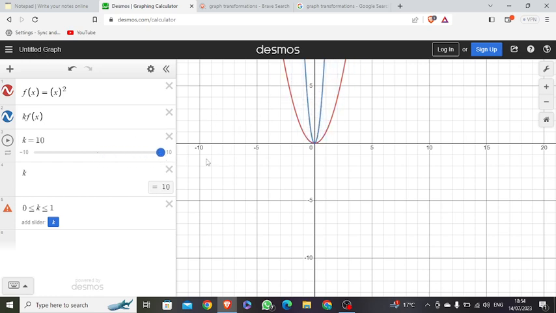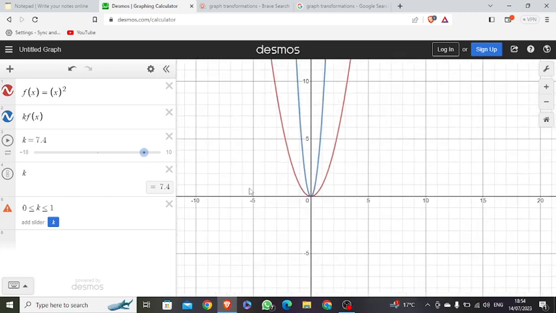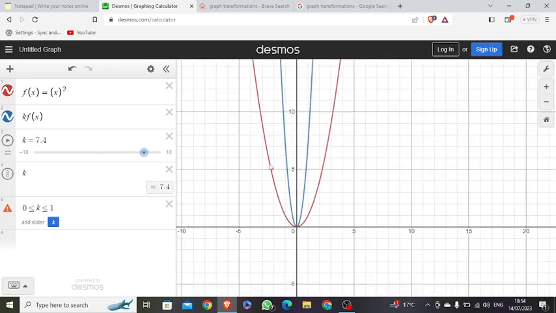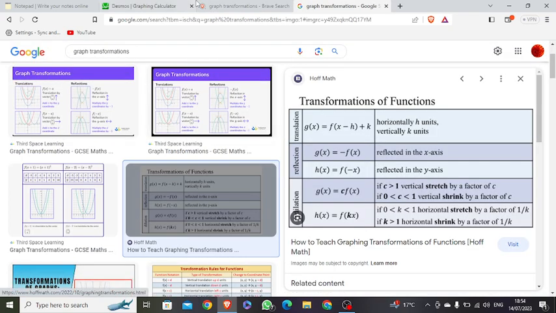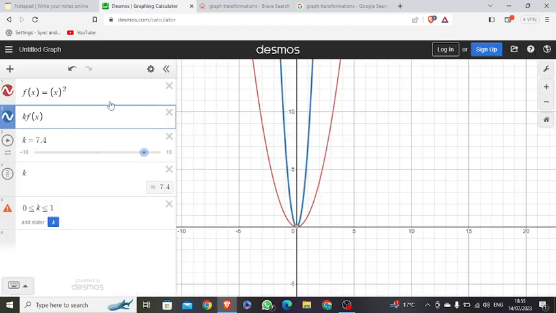So for a vertical stretch, you multiply each y, because f(x) equals y. You multiply y by k. But for the inside, you multiply x by 1 over k. Actually, no, you multiply x by k. Very sorry, you multiply x by k and get this.